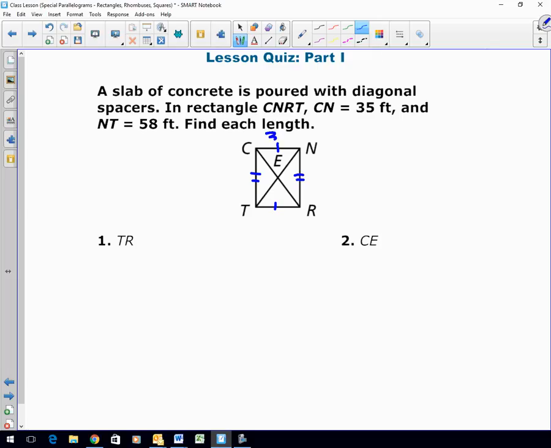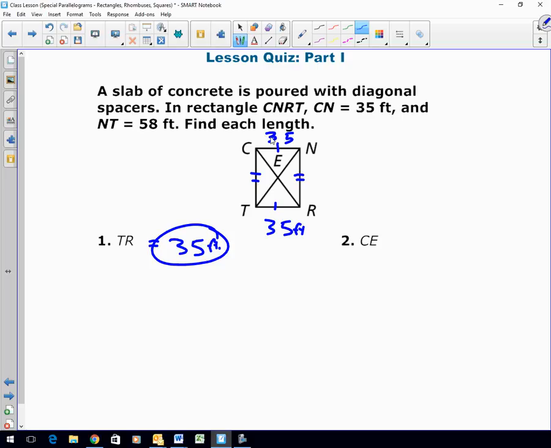So if CN is 35, then what's DR? Well, that was just knowing my definition of a rectangle, right? Really just knowing the definition of a parallelogram. Oh, and we want to know that this is feet, so make sure you get feet. Don't forget feet. Okay? All right, next, I know this. Diagonals are congruent to each other in a rectangle.